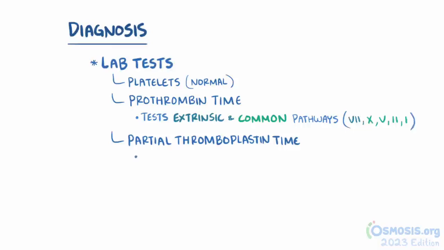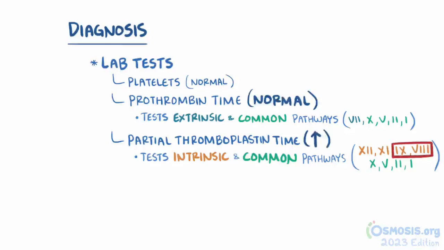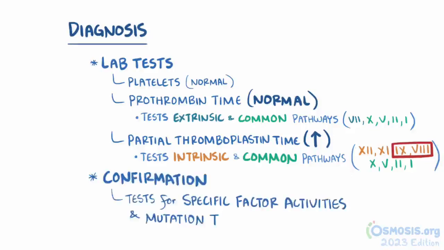Whereas the partial thromboplastin time tests the intrinsic and common pathways, meaning factors 12, 11, 9, 8, 10, 5, 2, and 1. Since factors 8 and 9 are part of the intrinsic pathway, prothrombin time is normal, and partial thromboplastin time is prolonged in hemophilia A and B. In order to confirm hemophilia A or B, tests to look at specific factor activities and mutation testing of the genes encoding them can be done.